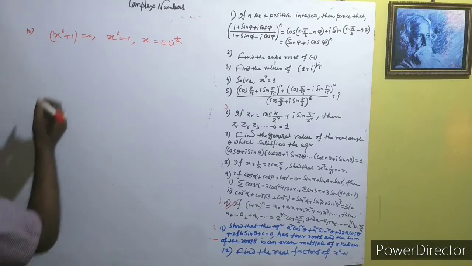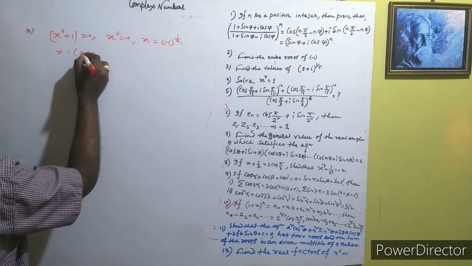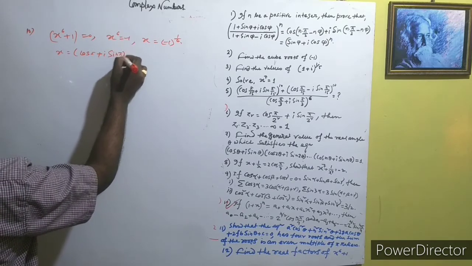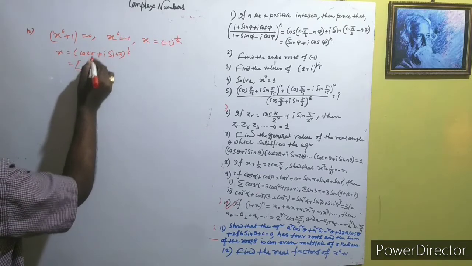So from this theorem, we can write here (cos pi plus i sin pi) to the power 1 by 6. As this is a fraction, we can add 2k pi with the angle pi.